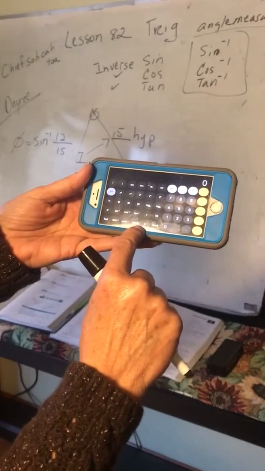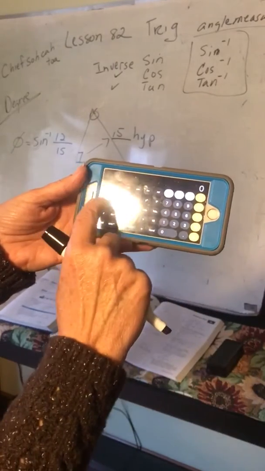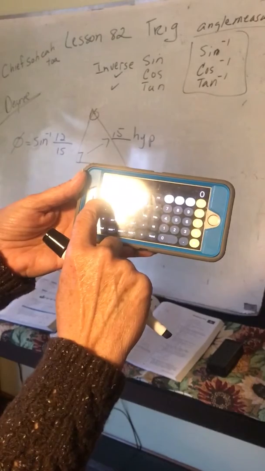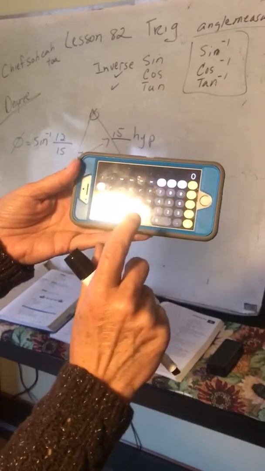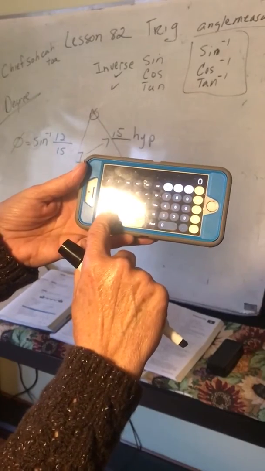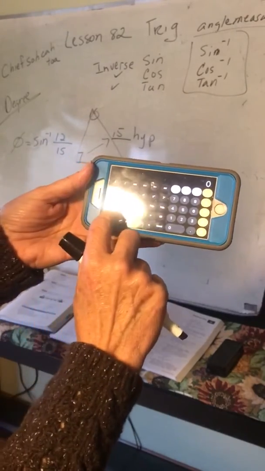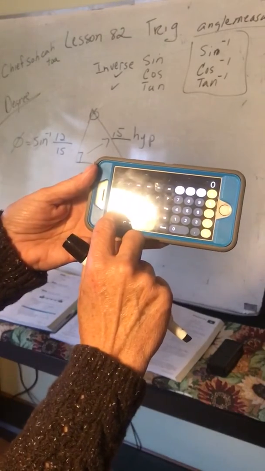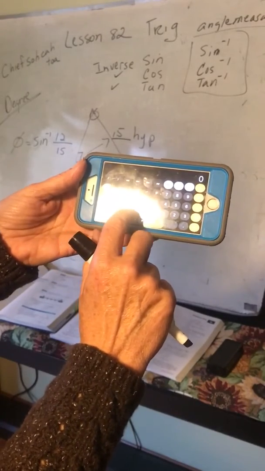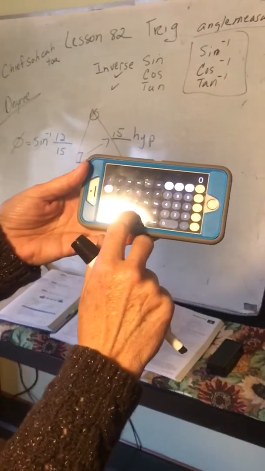Okay, so you're going to have to find the second button. When you don't have it punched, you have sine, cosine, and tan. If I punch the second button, I have inverse sine, inverse cosine, inverse tan, the one with the little negative exponent there.